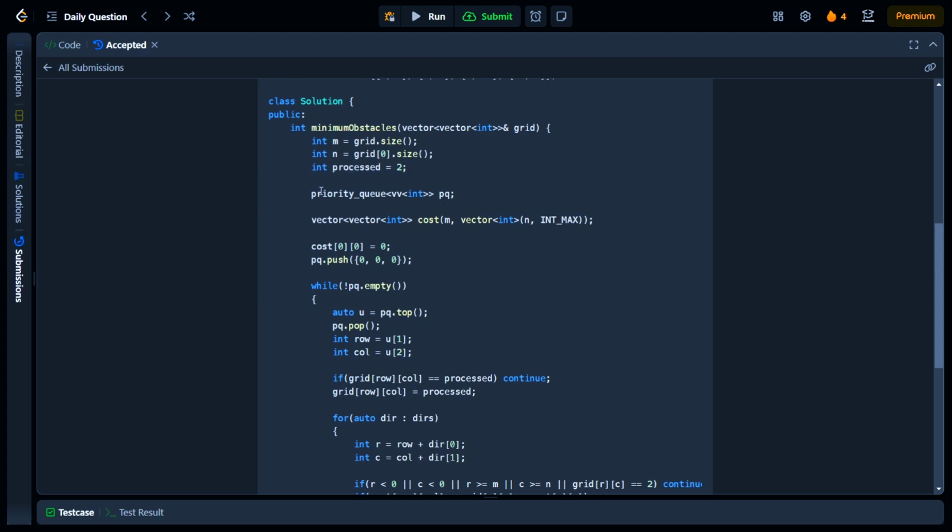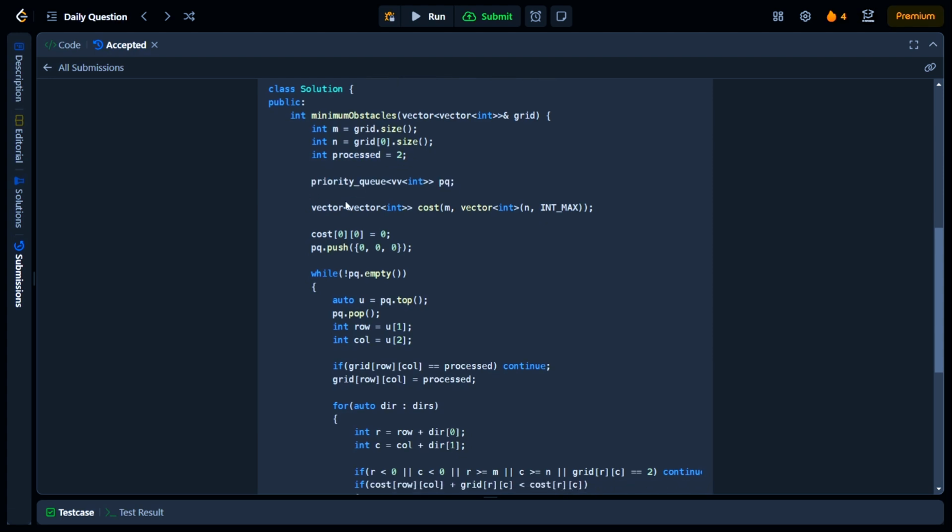Then we have the priority queue. By default, this is a max heap in C++, but I will push the negative of the distance or the cost, whatever it is, to the priority queue. So this will give me the effect of finding the minimum distance.